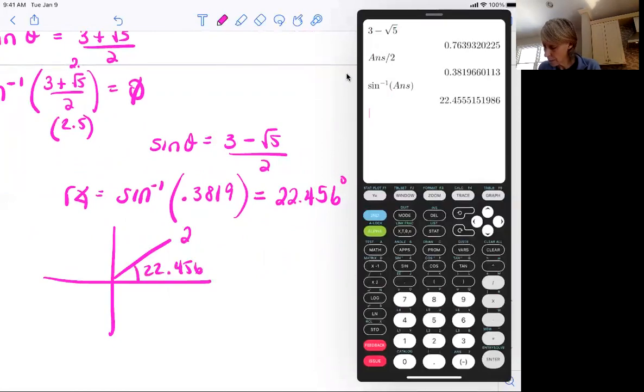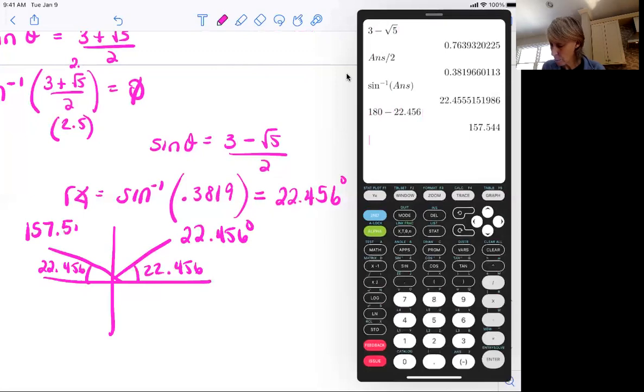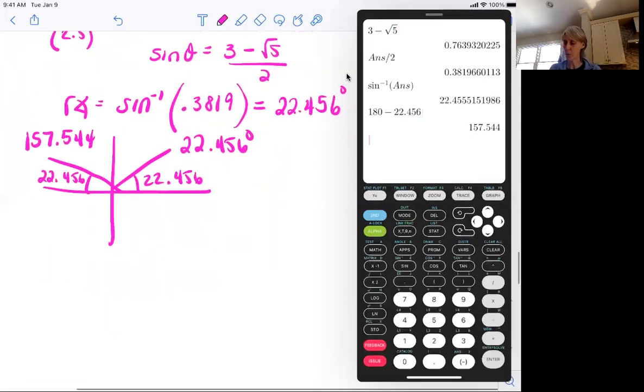That's my one solution. The sine is positive in the second quadrant, so I just have to find the value of this angle: 180 minus 22.456. So this solution is 157.544.